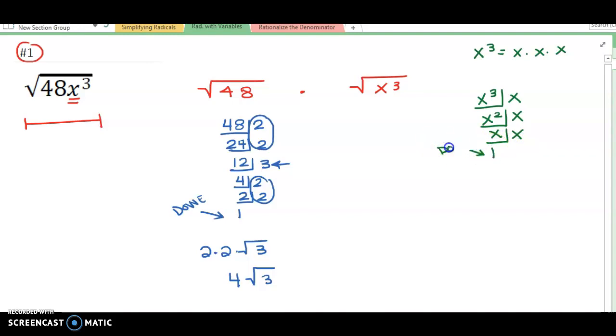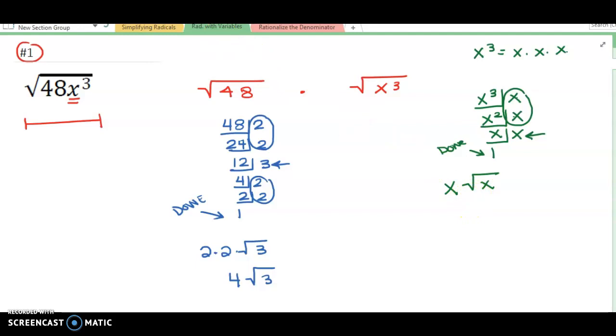When I get to 1, I'm done. So x times x times x this way, or this way, it doesn't really matter. You still have a pair of x's. Remember, pairs still come out front, so I have an x that comes out front, and leftovers go in the fridge. So the square root of x to the third is x times the square root of x.